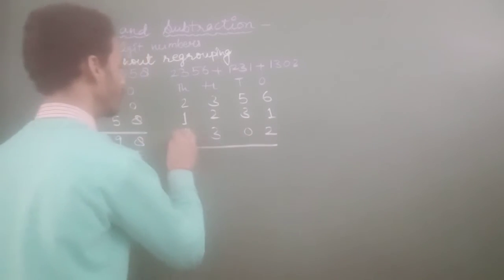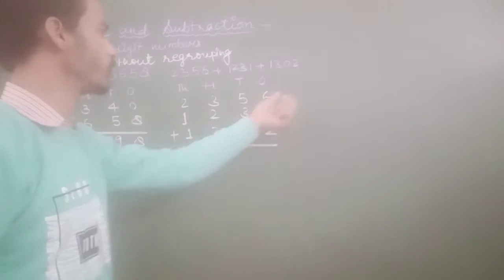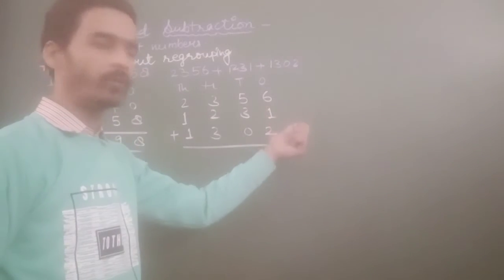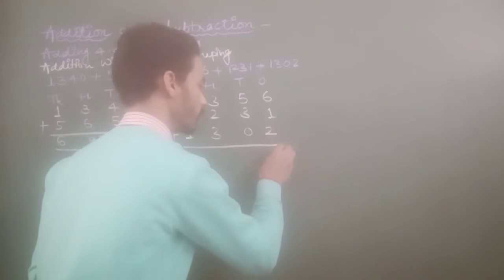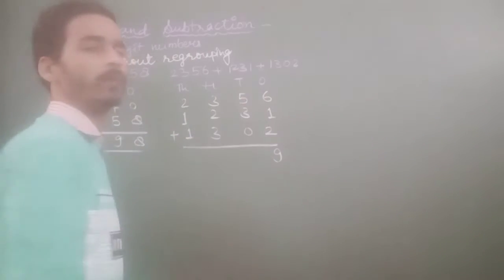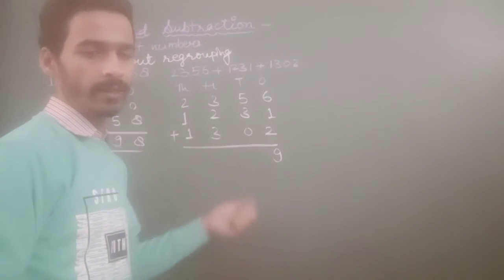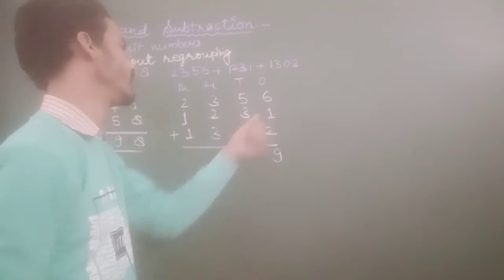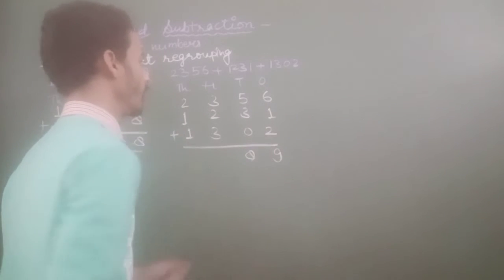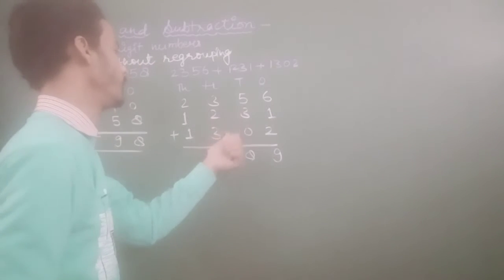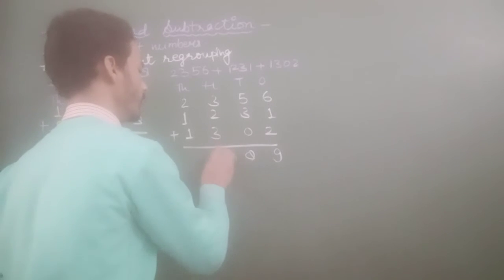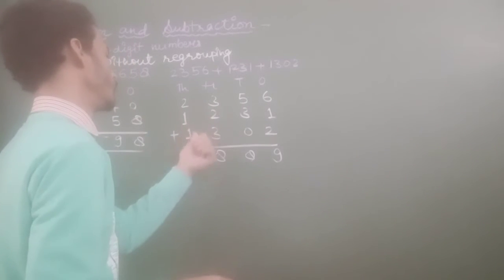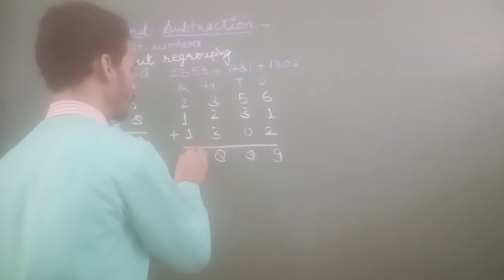Add the ones: 6 ones plus 1 is 7 ones, plus 2 ones is 9 ones. Add the tens: 5 tens plus 3 tens is 8 tens. 300 plus 200 plus 300 is 800. And 2000 plus 1000 plus 1000 is 4000.